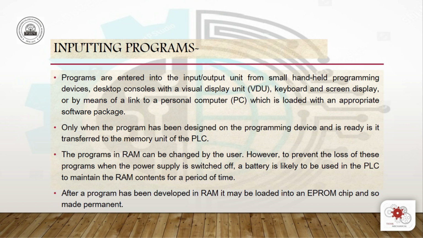Whereas in sinking, exactly the opposite case is there, where the input device supplies current to the input module and the current flows to the output module from the output load. Then the output channel or output device is called a sinking output.